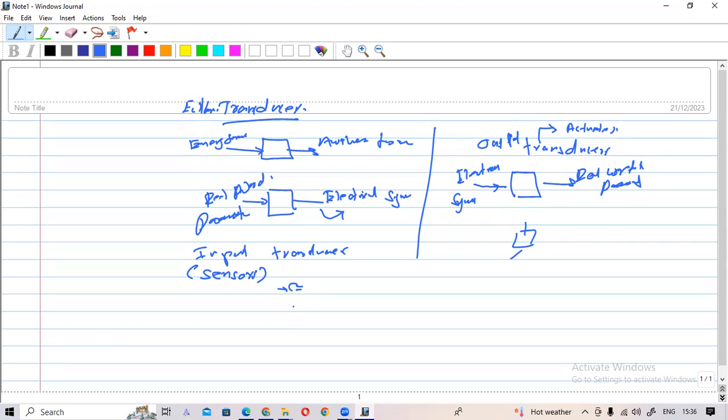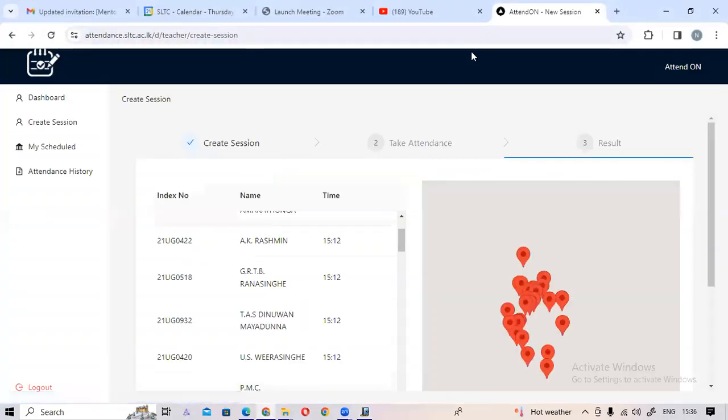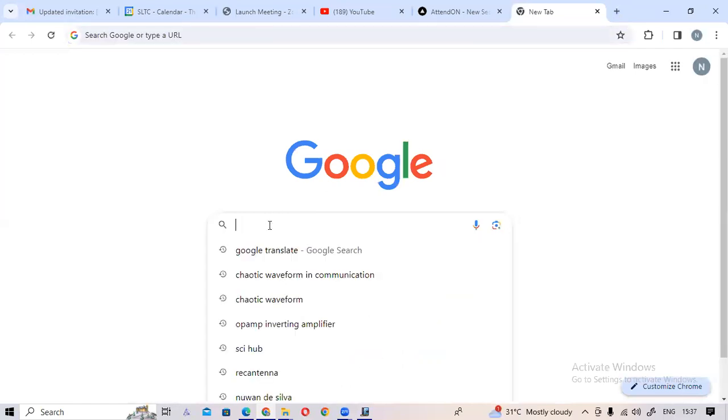Maybe some thermocouples are there. You know what thermocouples are. Thermocouples can convert heat to an electrical signal.